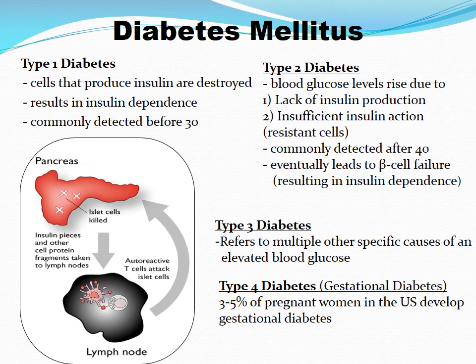This slide shows the 4 types of diabetes. Type 1 diabetes usually occurs in people before 30 years of age, young people, characterized by destruction of the beta cells that secrete insulin, so treated mainly with insulin.